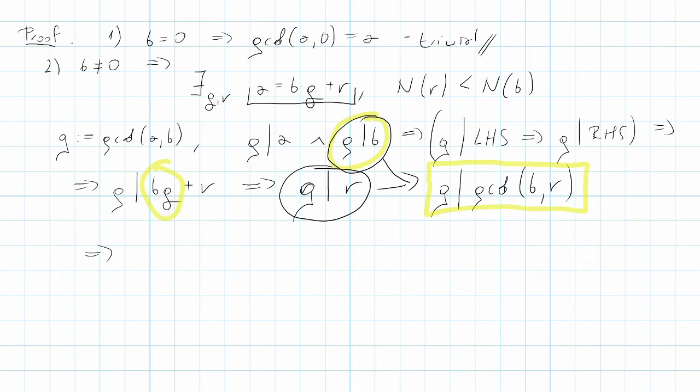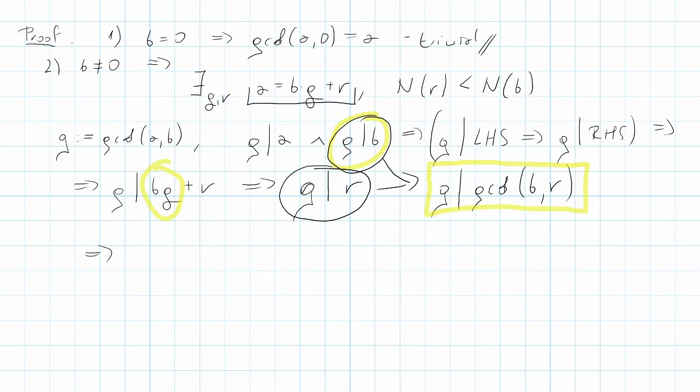So now we have one division here: the greatest common divisor of A and B divides the greatest common divisor of B and the remainder. So we need only to prove the opposite division.